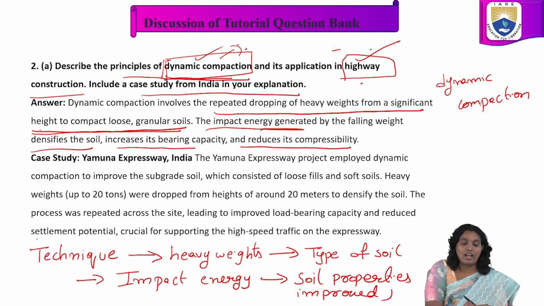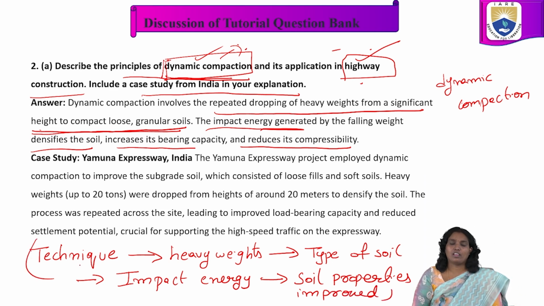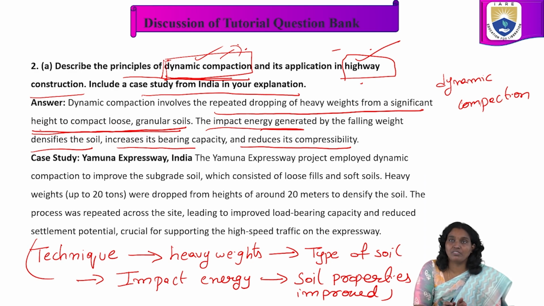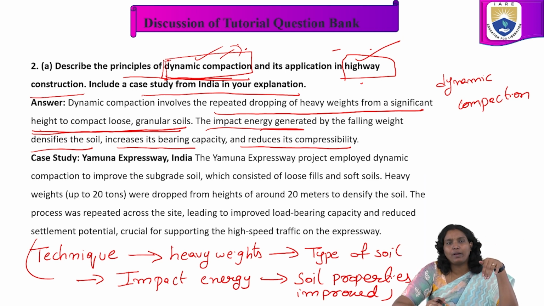Like this, we have to write for any kind of technique, whether it is adding something, because of which the soil composition changes and the properties are enhanced. For example, not only dynamic compaction, we may consider vibro compaction for better understanding.